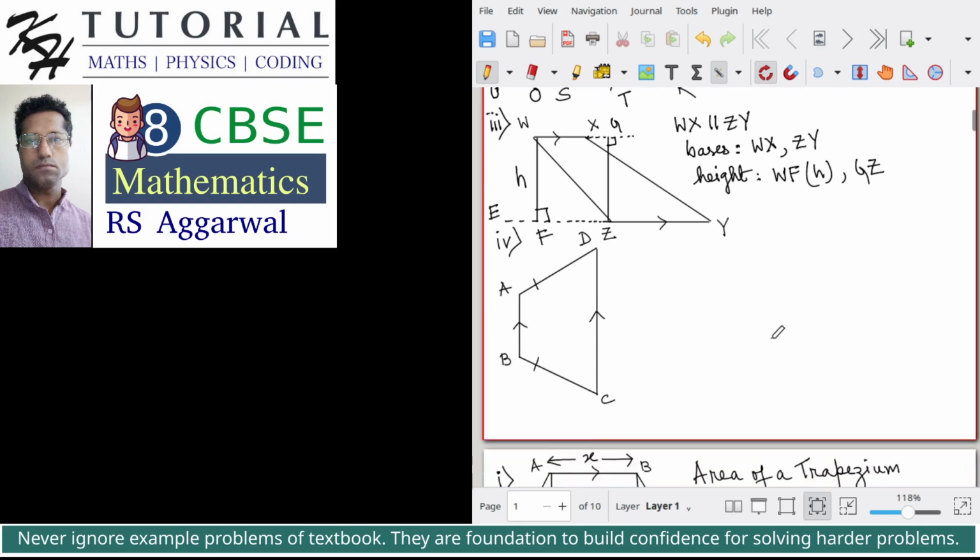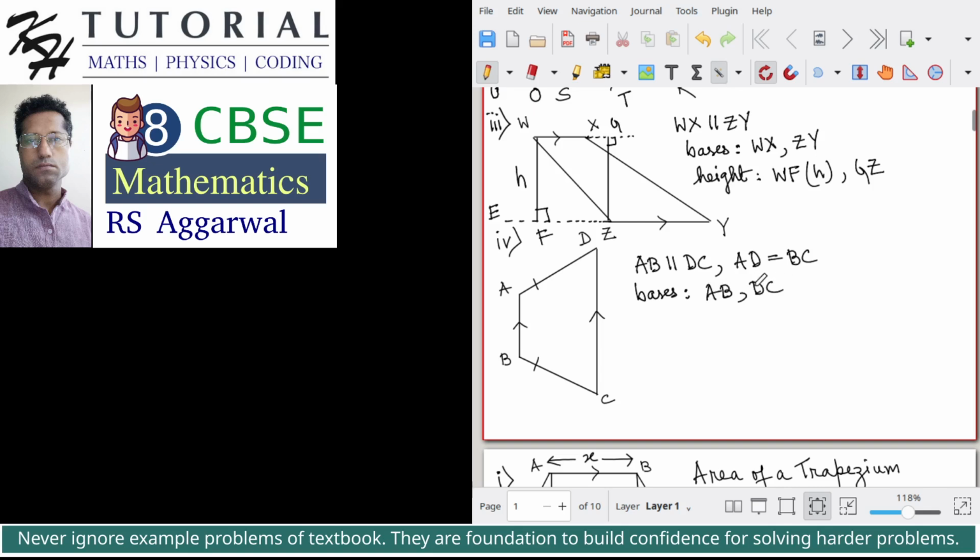Finally, the last figure is an isosceles trapezium, where we can see that AB is parallel to DC, and we also have the two non-parallel sides equal, that is AD is equal to BC. Okay, so the bases clearly are AB and DC.